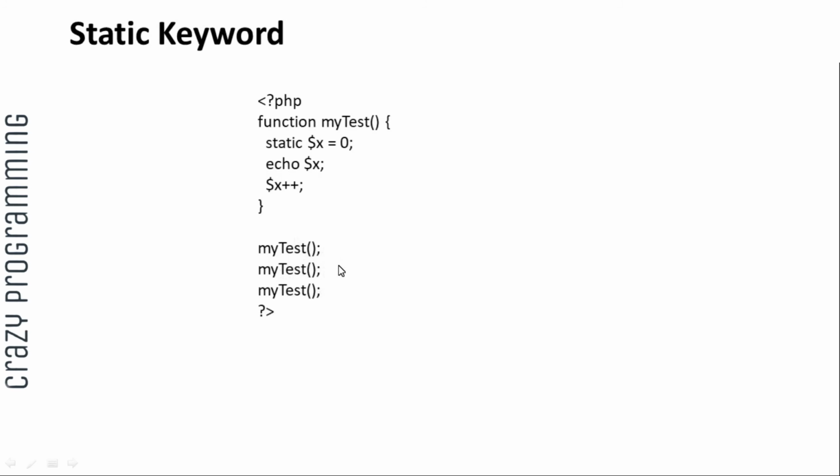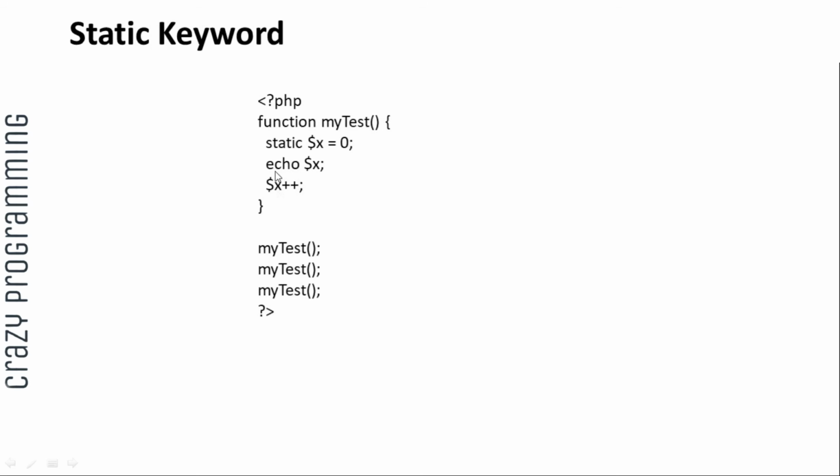Do you know what will be the result? What is the use of static x? We use the value 0 and print 0. After the print we go to $x plus plus, which means add plus 1. So 0 plus 1 equals to 1.